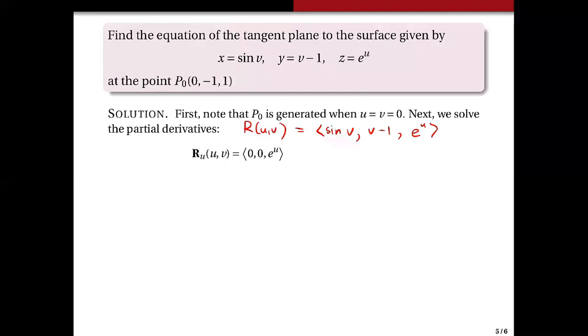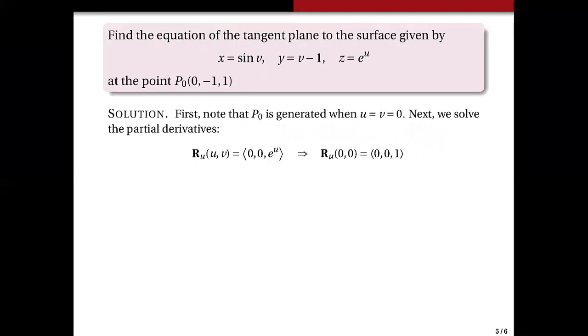This is 0 because there's no u in here. Also this one will be 0, there's no u in here, and you only have this e to the u. So that's our partial derivative with respect to u. And then if we do the derivative with respect to v, you have the derivative of sine v, which is cosine v. The derivative of this is just 1. And this will disappear because it does not have any v.